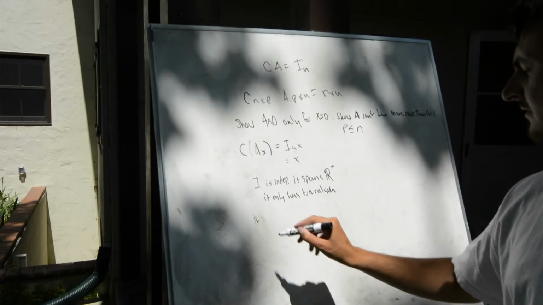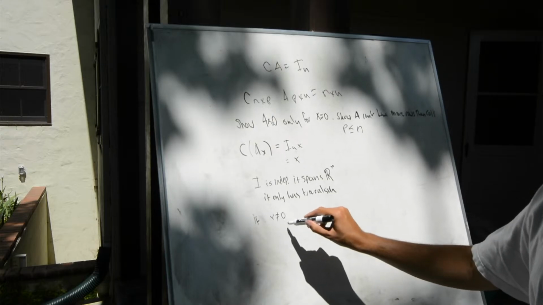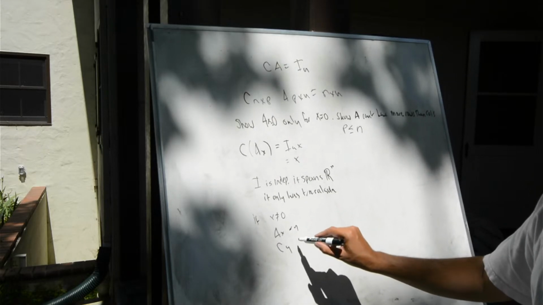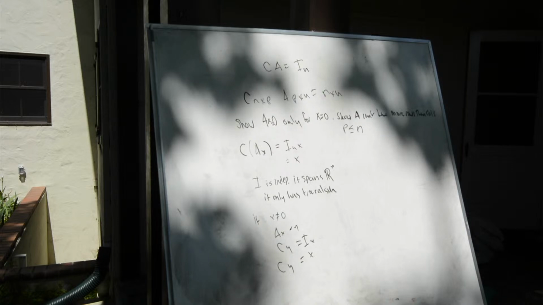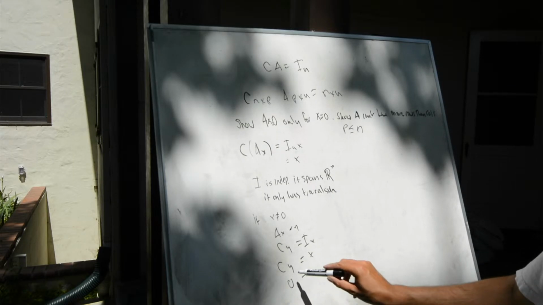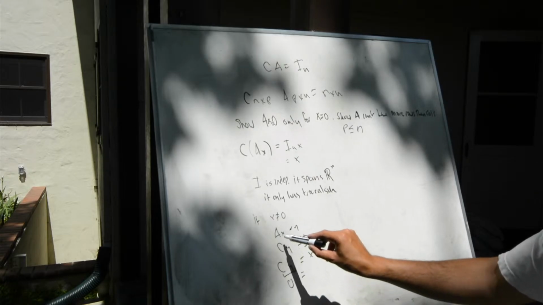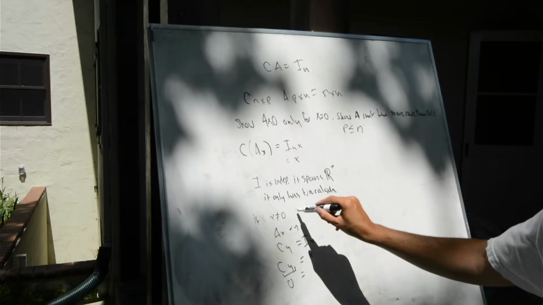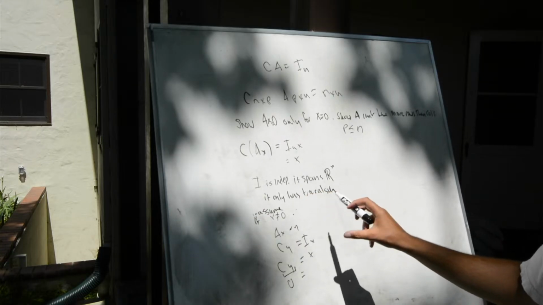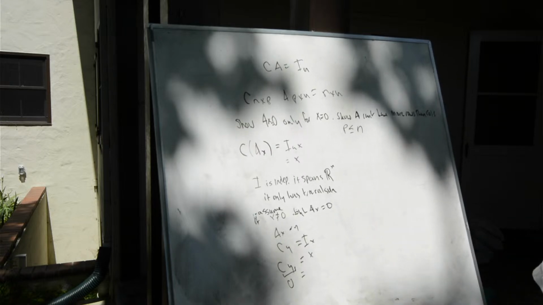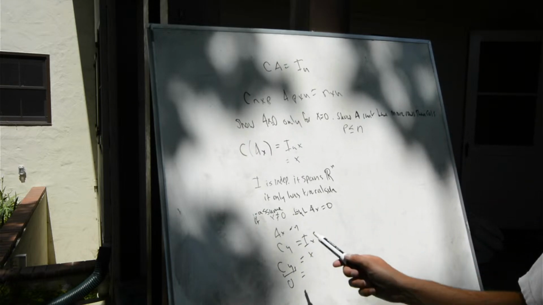If X was not equal to 0 and AX, let's say, equals Y, then CY is equal to IX, which is equal to X. Assume X is a non-trivial solution of AX equals 0.